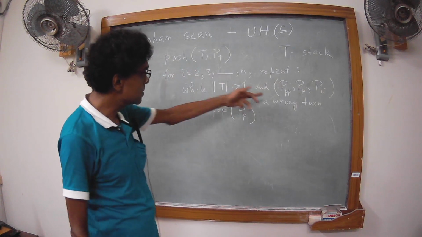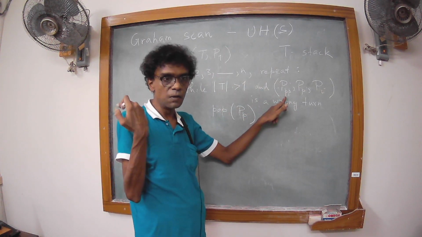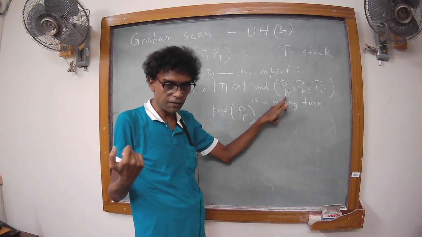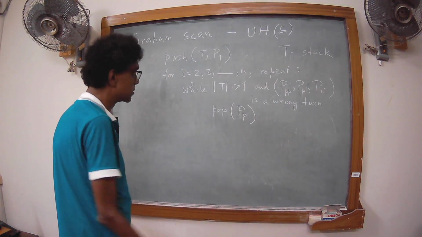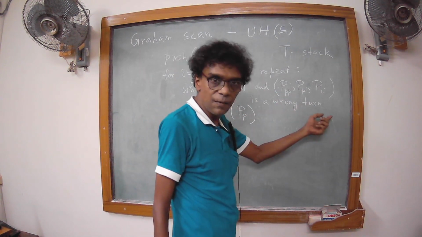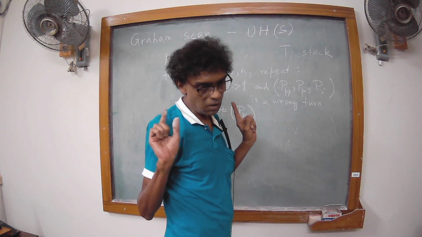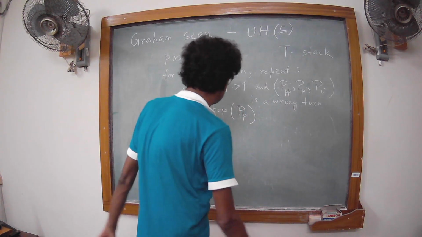Okay, so in the next iteration this becomes P-prev and the previous point, if any, will be P-prev-prev. So you keep on doing this until you have discovered a right turn or the stack contains only one element. Okay.